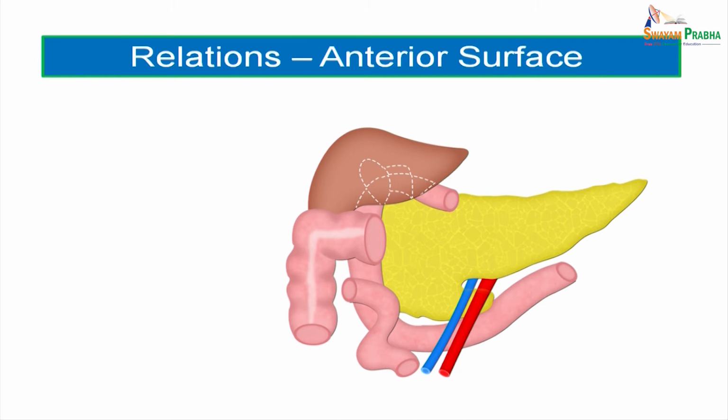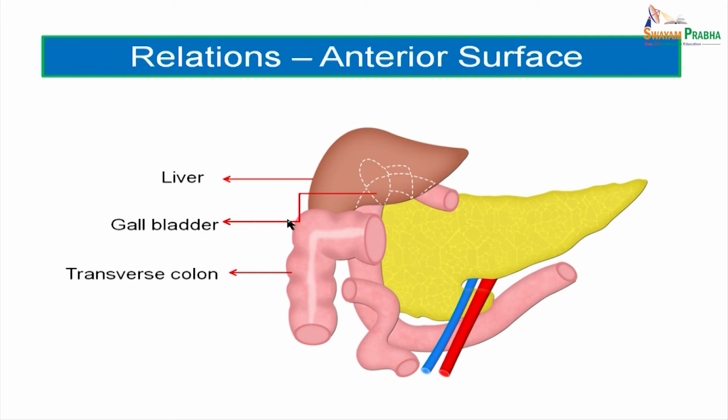So, let us look at the anterior relations. To the first part we have the liver and also the fundus and the body of the gallbladder. So, these 2 structures are related to the first part of the duodenum, and as you come down for the second part we have the transverse colon being related, and as we come further down the coils of jejunum come into picture which are related to the second and the third part, and also the third part is related to the superior mesenteric vessels.